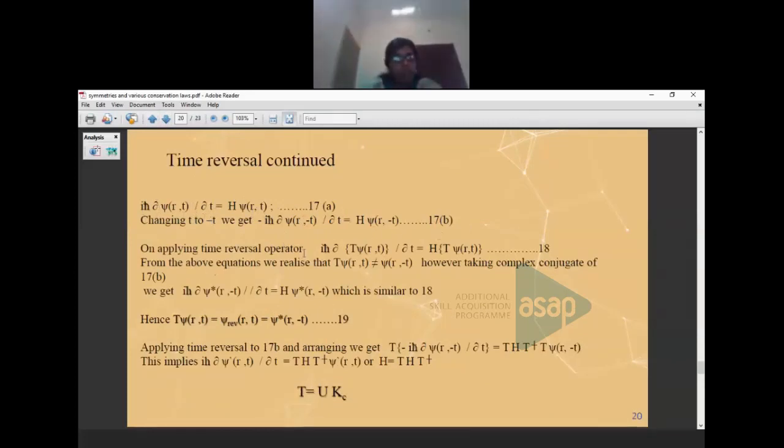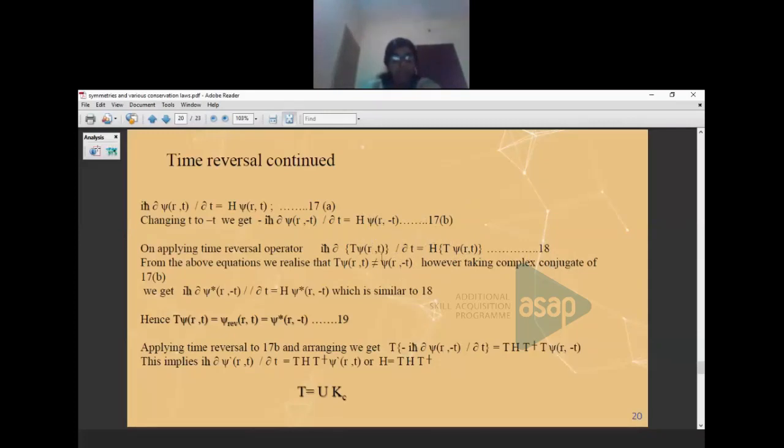Now, when applying the time reversal operator, you will realize that T psi of r, t is not the same as psi of r, minus t. The left hand side and right hand side are not matching. Look carefully: on the left hand side there is a minus sign, and on the right hand side there is no sign.